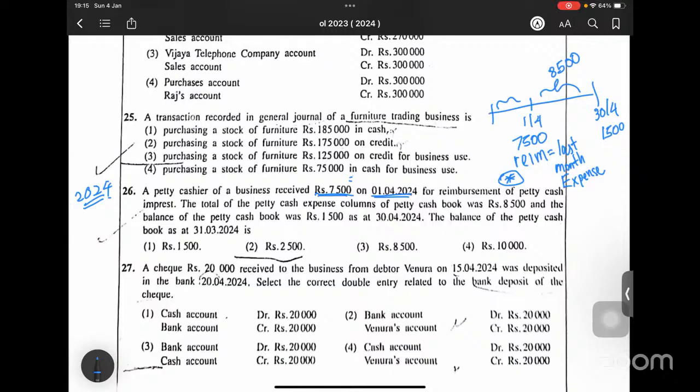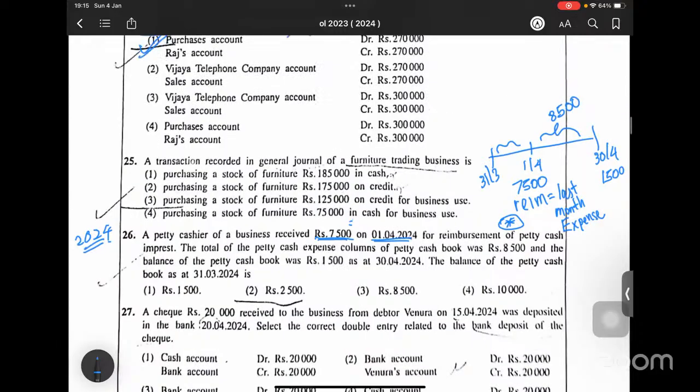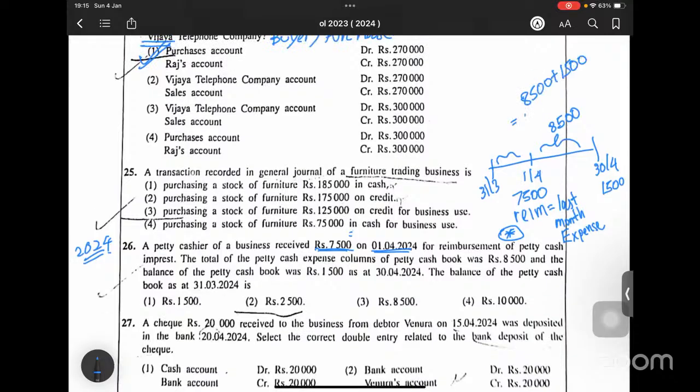Here they are asking the balance of the petty cash book as at 31st March 2024. So how much is the imprest? 10,000. Yes. 8,500 plus 1,500 is 10,000.